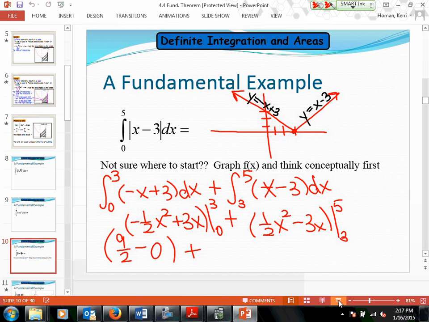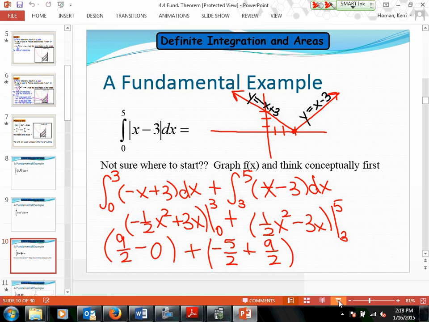Let's plug in 5. 1/2 times 5 squared minus 3 times 5. So 25 halves minus 15. Negative 5 halves. Minus, what do we get when we plug in 3? So minus a negative 9 halves.